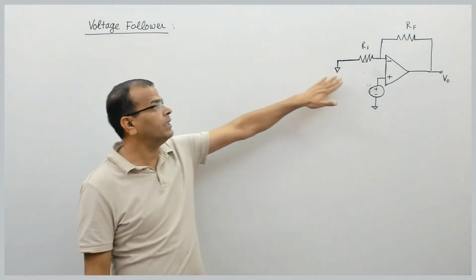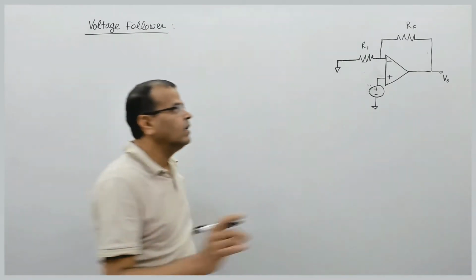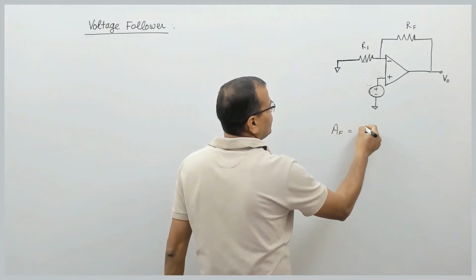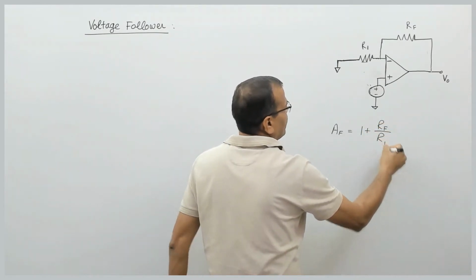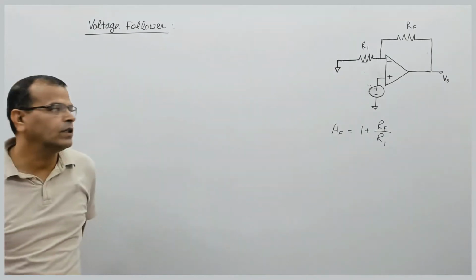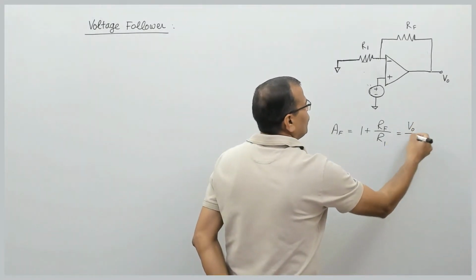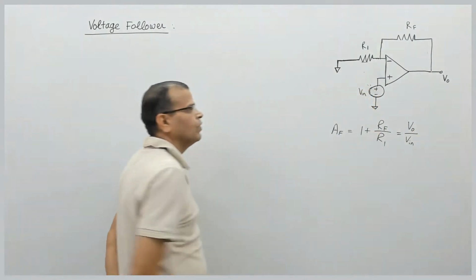This is the circuit diagram of the non-inverting amplifier. The gain of this amplifier, you can see in my previous video, was equal to 1 plus RF by R1. Gain is the ratio of output voltage by input voltage, and this is your input voltage.